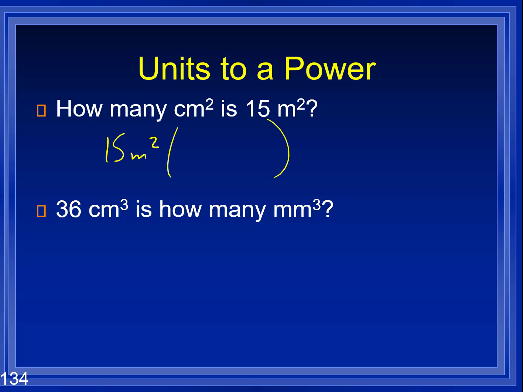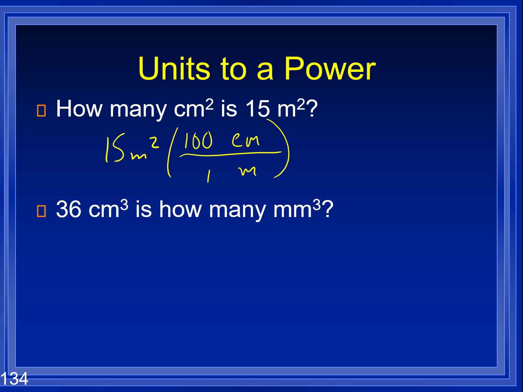What unit do I want to get rid of? Well, I want to get rid of those meters, so it's got to go on the bottom. What can I change meters into? Centimeters. Which is bigger? Meters. So the meter gets the 1. The centimeter gets how many centimeters in a meter? How many cents in a dollar? 100.